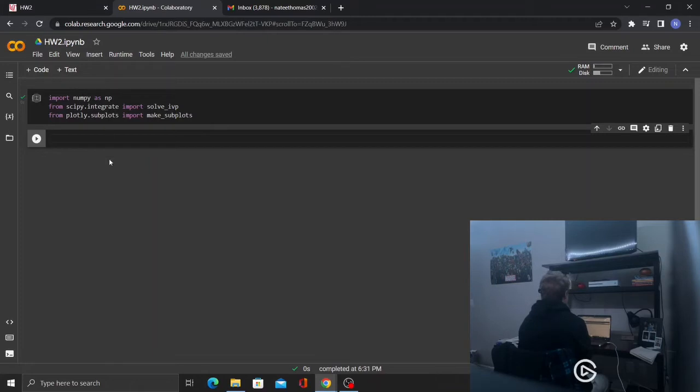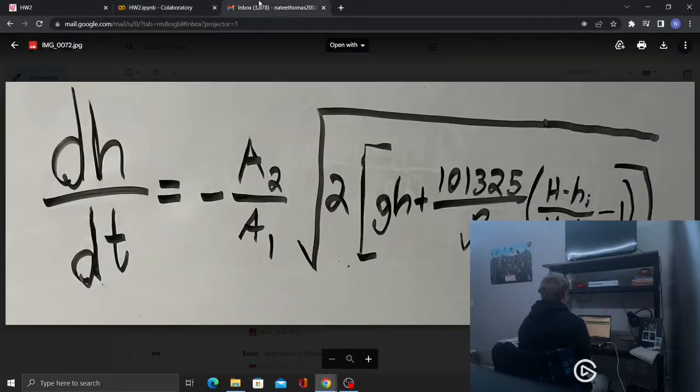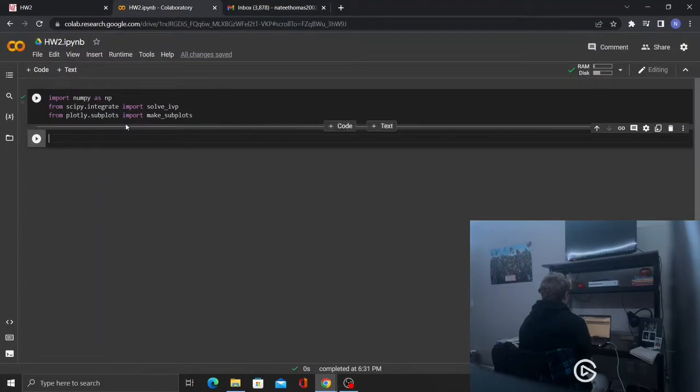Basically it is used for a lot of mathematical functions, and we will need it for the square root function. And then I've imported solve_ivp from SciPy integrate, and that is going to be how we will be solving this differential equation. And then I've imported the subplots from plotly.subplots, and that is how we will eventually be plotting our answer.